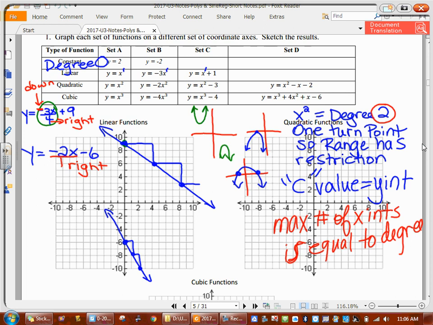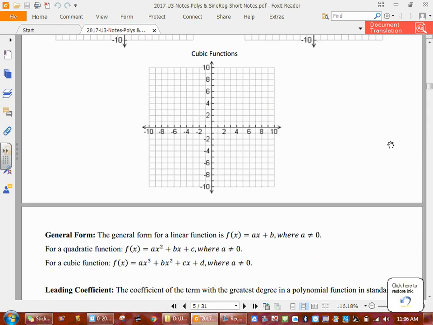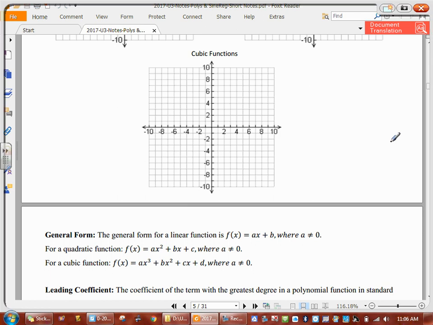Okay, let's move on. Moving up to the cubics here. So cubic functions, we know a couple things about them. Cubic functions, again, are going to be x cubed, so it's degree 3.